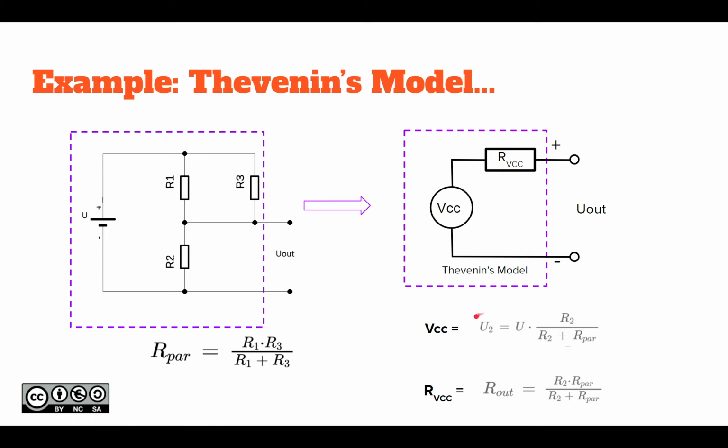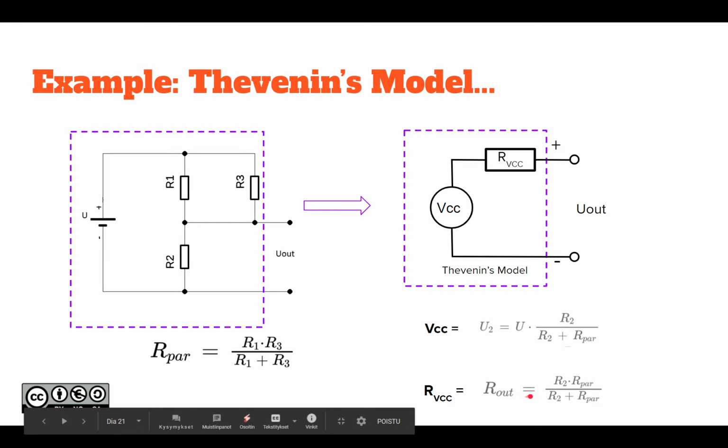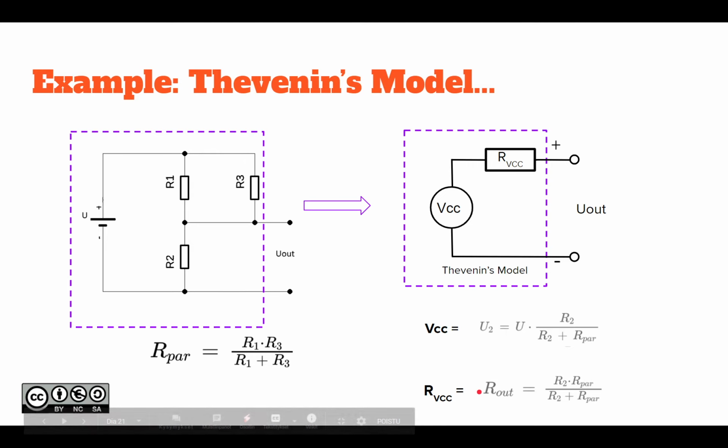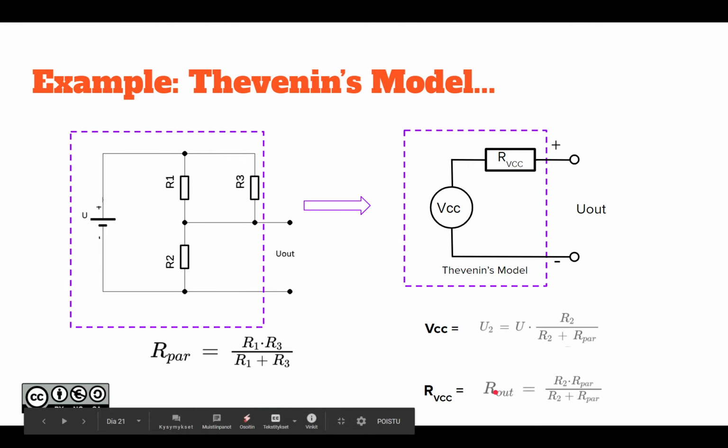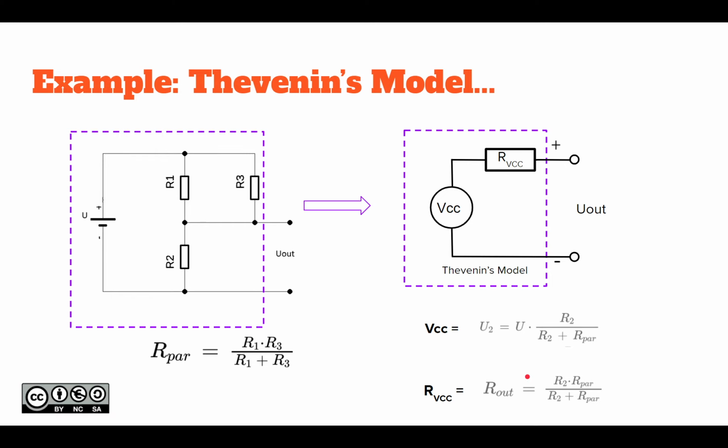VCC, that's the same as U2, equals the original supply voltage times a voltage divider R2 divided by R2 plus R bar, and the resistance of this Thevenin's model is simply what we calculated before, R2 in parallel with R bar. So very fast to do the Thevenin's model that way.